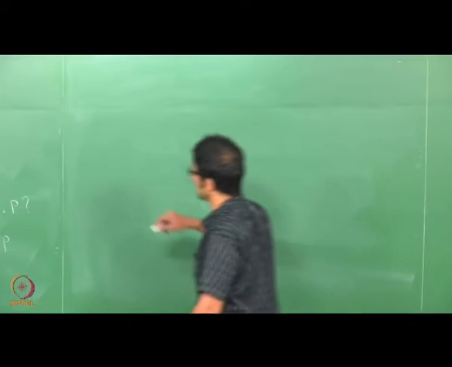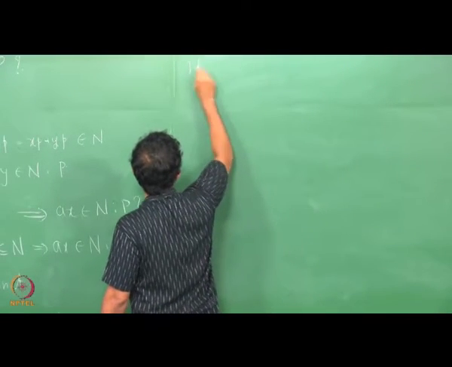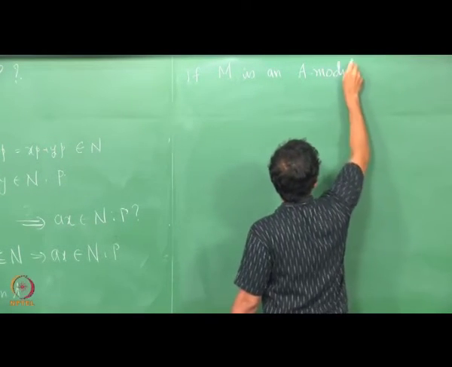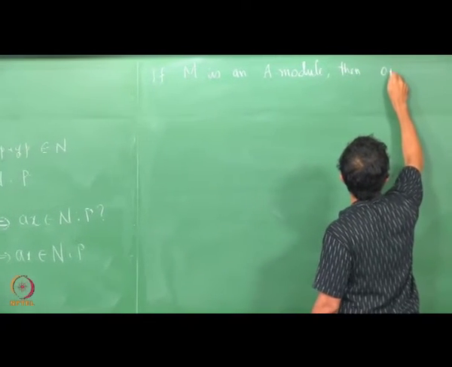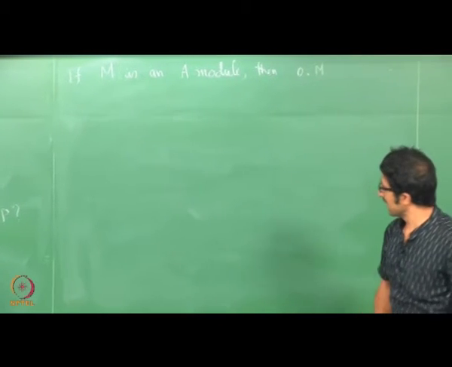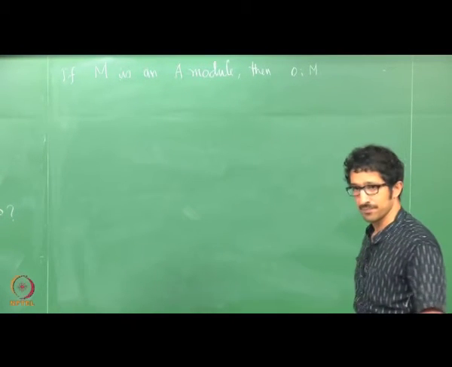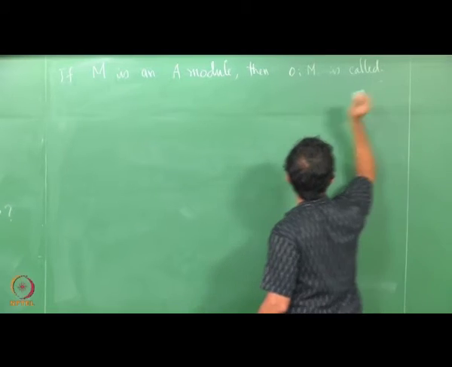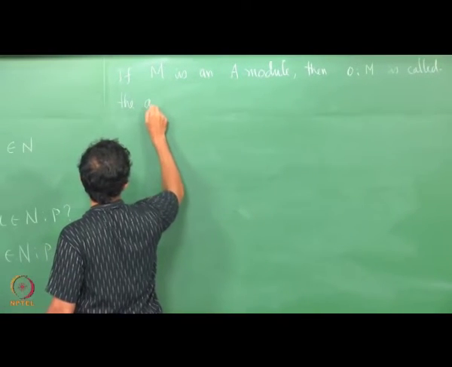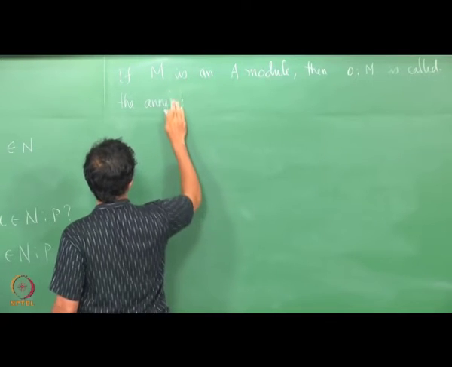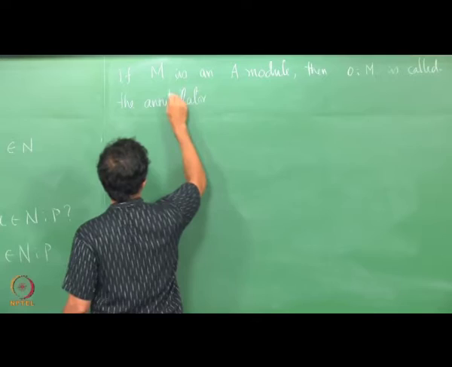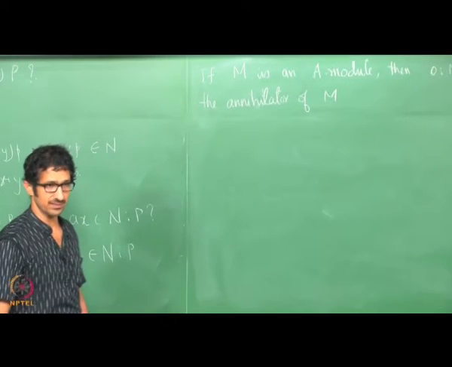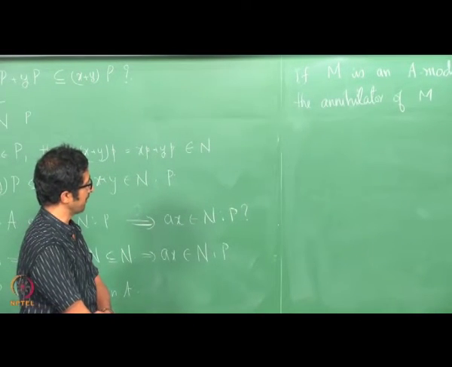For example, if M is an A module, then 0 colon M, so take n to be 0 and p to be M, is called the annihilator of M.